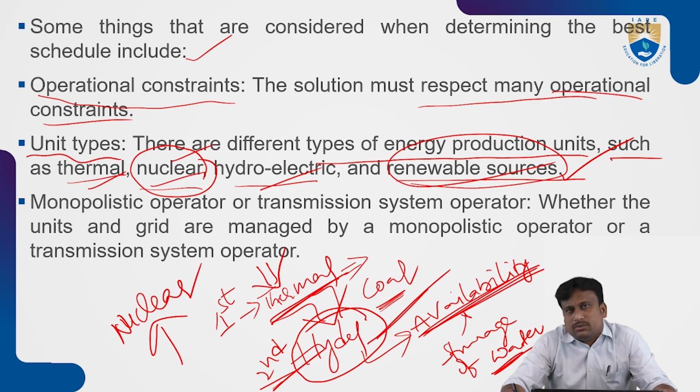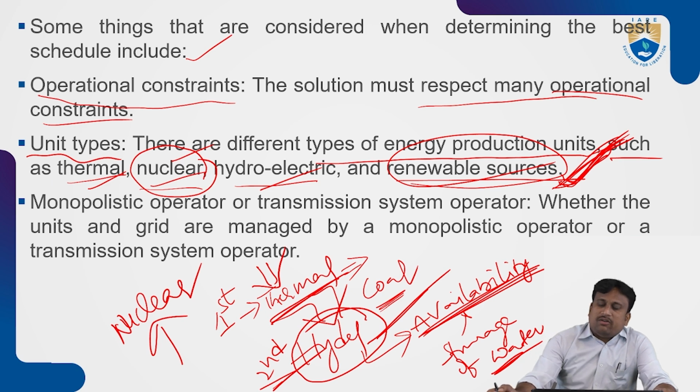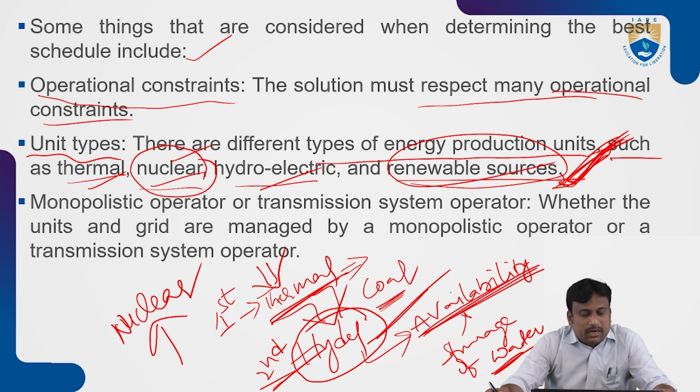But these also depend upon atmospheric conditions like solar, wind, etc. The installation is more, but maintenance and running cost is very less. So based on that, renewable energy sources are designed.